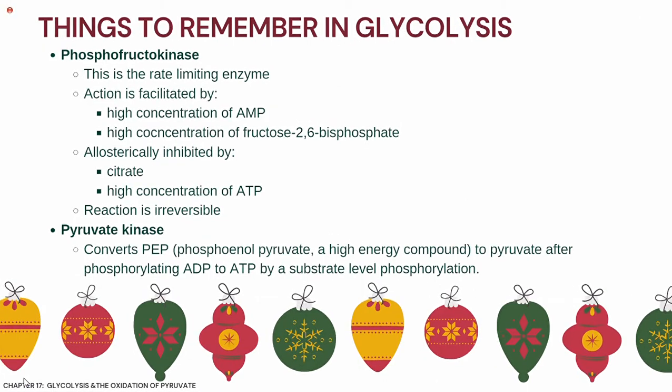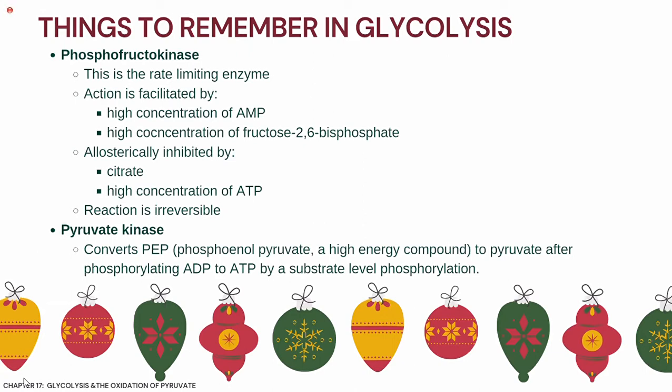Another name of Krebs cycle is tricarboxylic acid cycle. We call it tricarboxylic because there are 3 carboxyl groups of citrate. And because of that, it is also known as citric acid cycle. So do not forget, citrate.